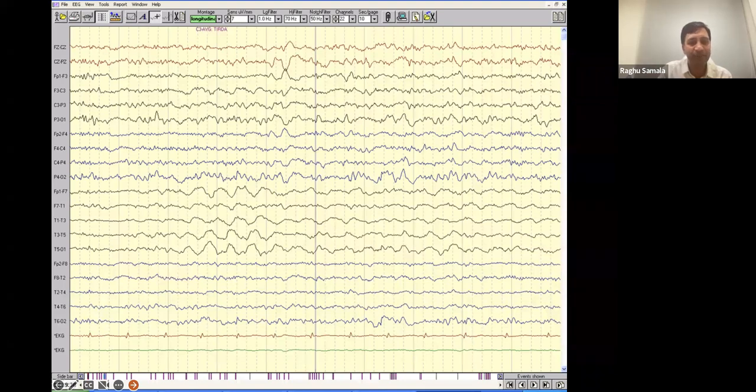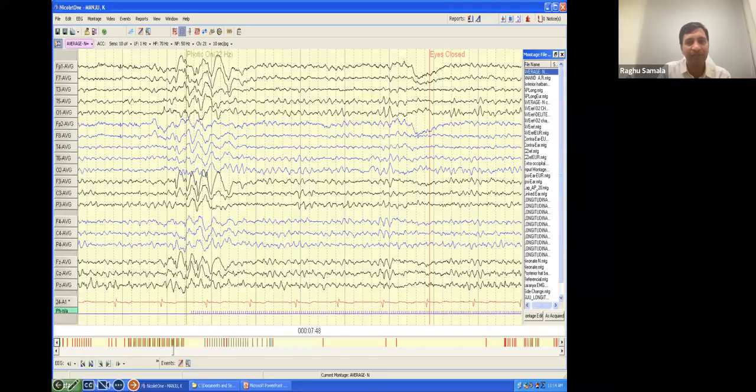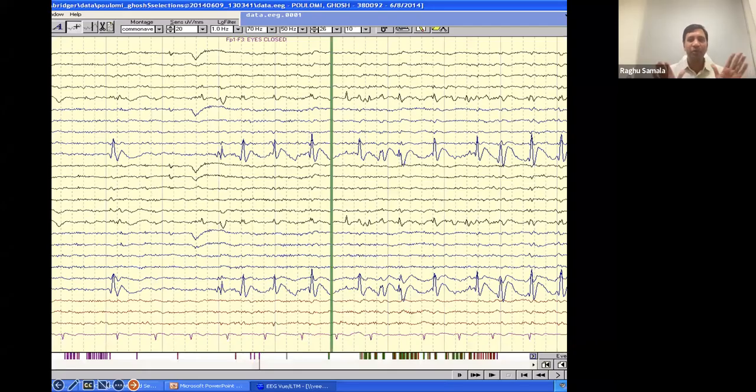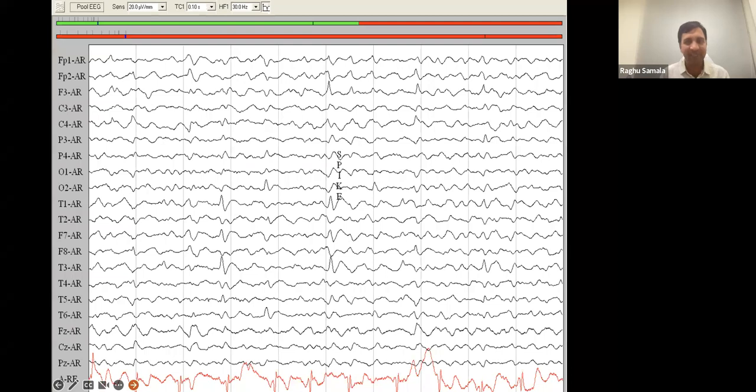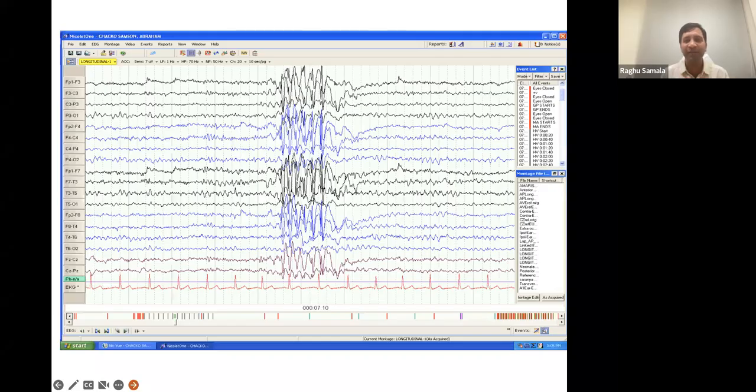Similar thing. So what is the learning point from all these slides? It has to be transient. It has to be distinguished from the background activity and should have a spike, the pointed edge. This sharp wave or spike can be followed by a slow wave: spike and slow wave. Here we are seeing the spike and slow wave.